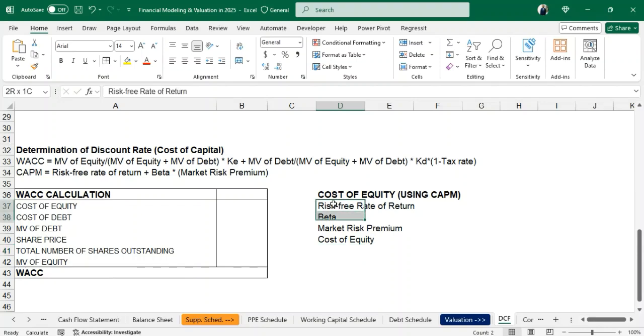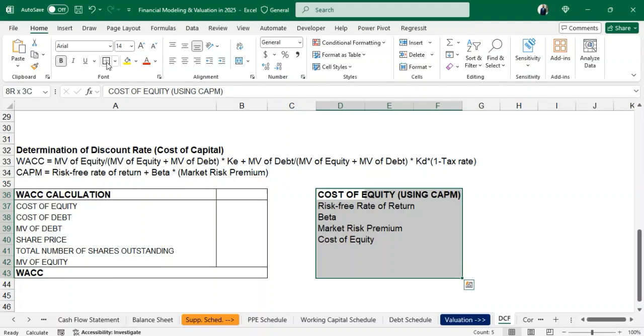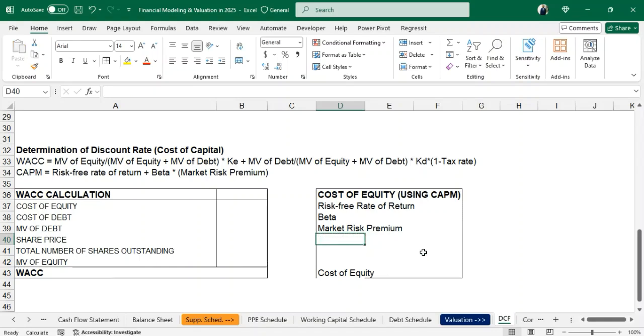So yeah, let's insert some borders here as well. I'm going to insert, and the cost of equity, I can cut it. Okay, let me copy it rather and paste here, and then I can delete this one.